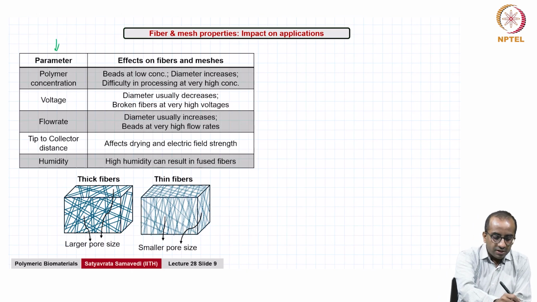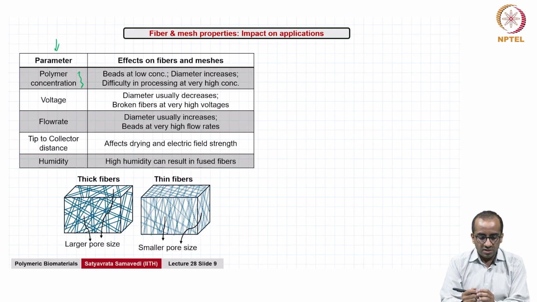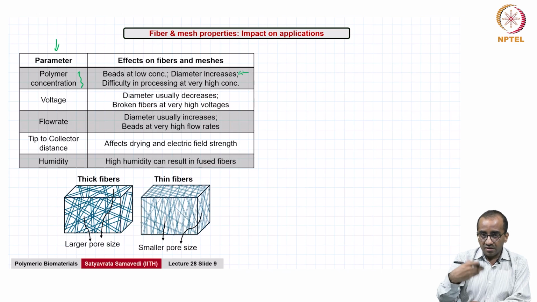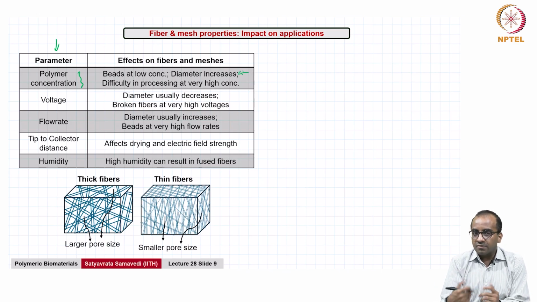Polymer concentration is just an example. We have already seen that you will get beads at low concentrations, and as you increase the polymer concentration, you're going to get bead-free fibers, and with further increase, the diameter of the fibers is going to increase. But if you have very, very viscous solutions, then you run into issues with processing, right?